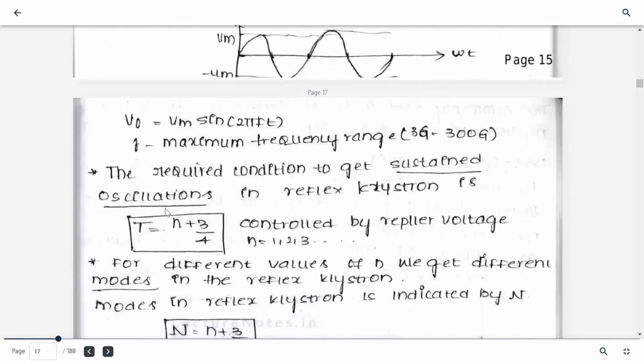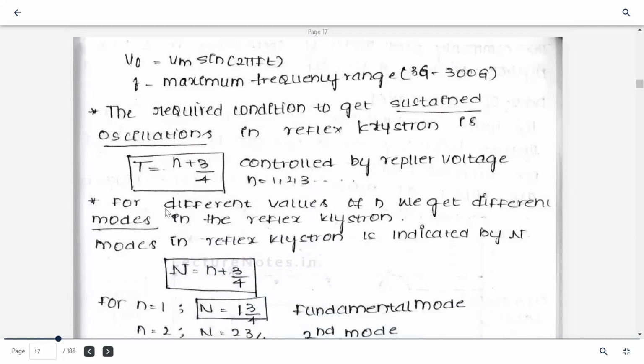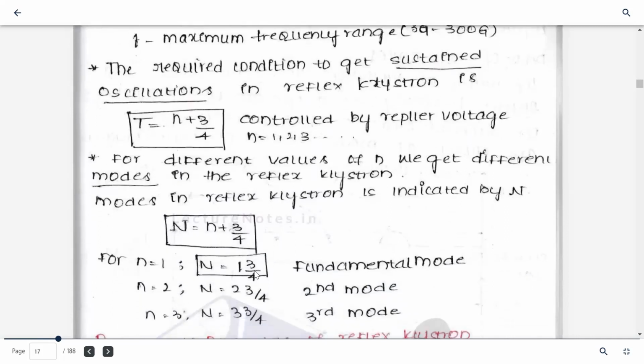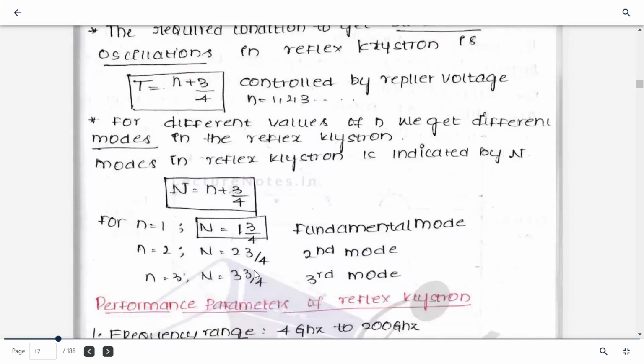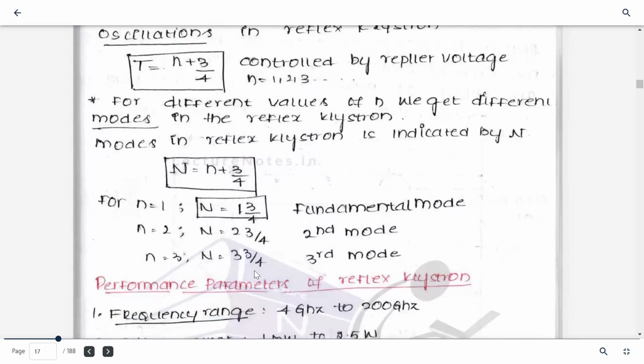So the required condition to get sustainable oscillation in the reflex klystron is T = n + 3/4. For different values of n, we get different modes in the reflex klystron, and the modes are indicated by n.